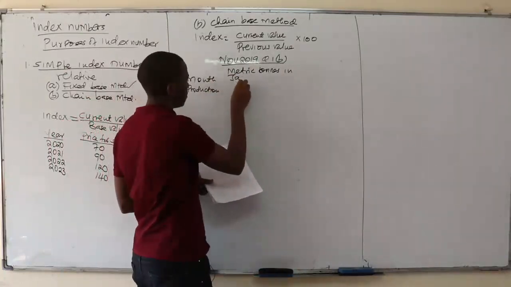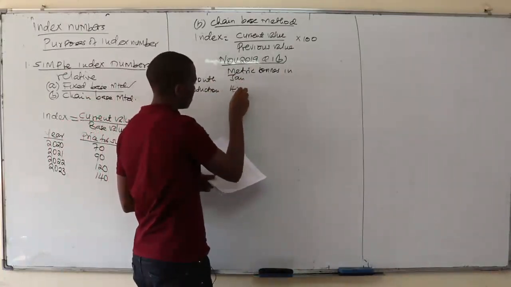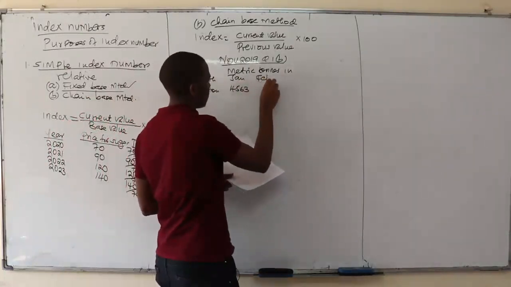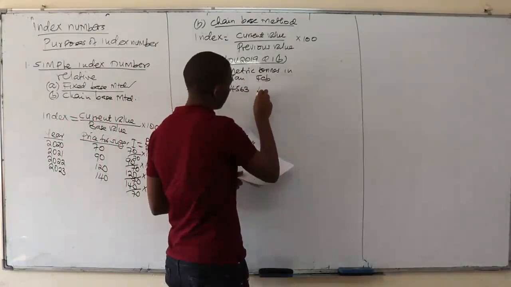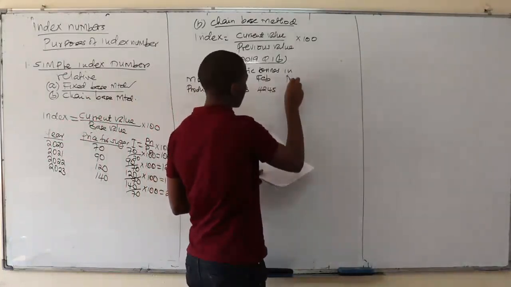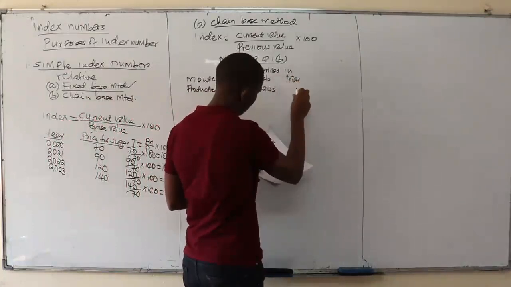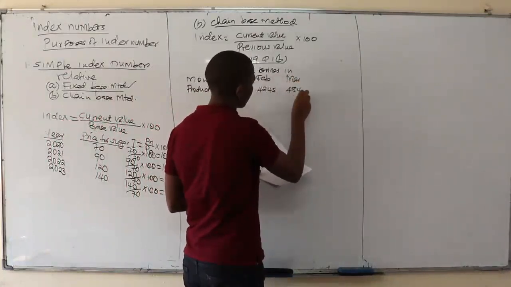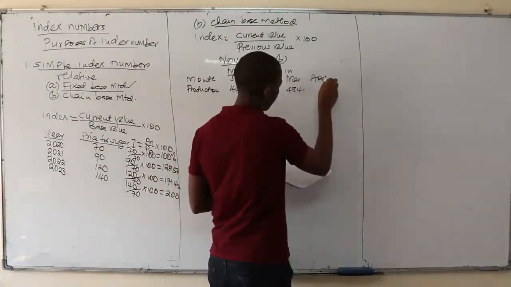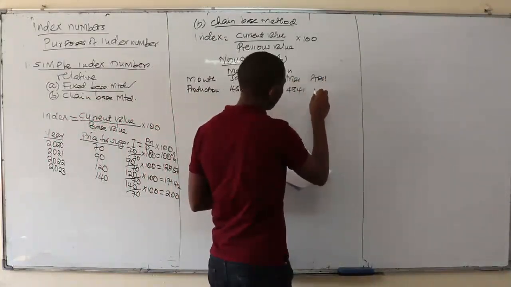January, we have 4563. February, we have 4245. March, we have 4841. April, we have 4644.